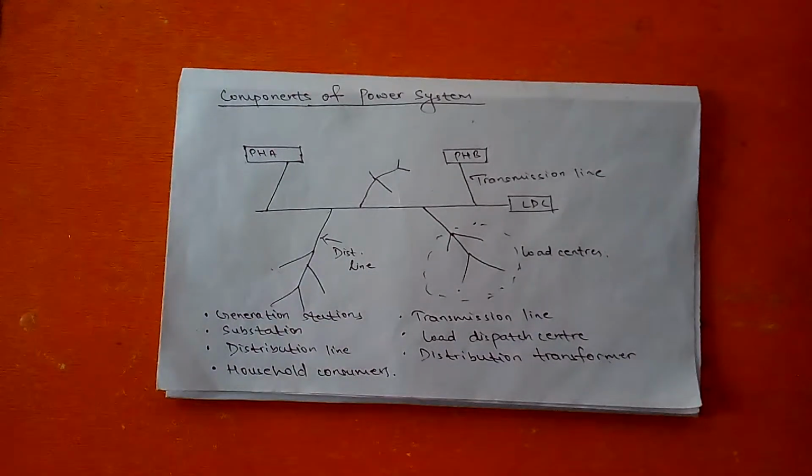So on the screen you can see the components of a power system. Here PHA and PHB are powerhouse 1 and powerhouse 2, and the straight line is the grid. The electricity generated from the powerhouse is transmitted to the power grid through the transmission line.